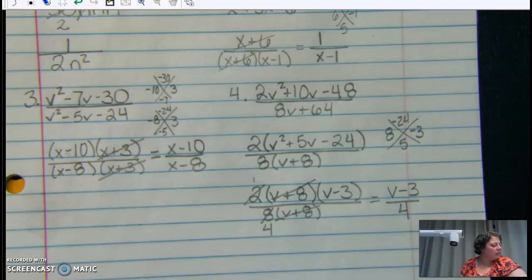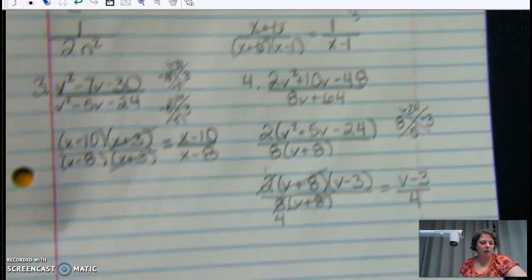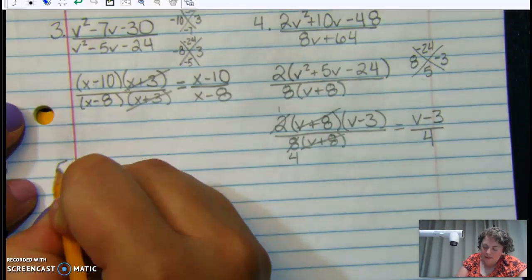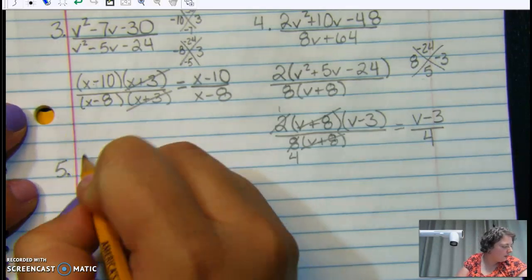All right, I think that's probably enough examples, but let me give you one more for good measure, and then I'm going to give you a non-example.